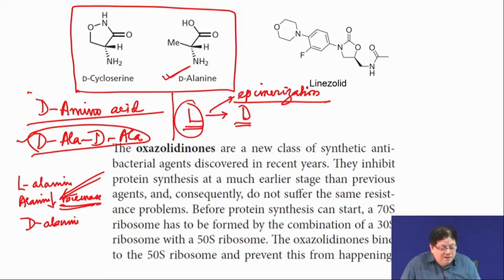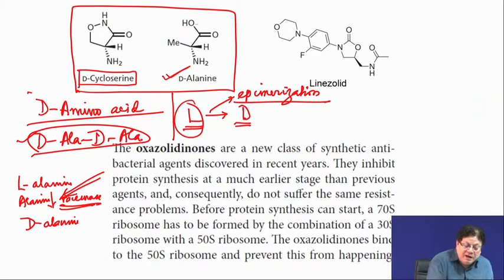Now, yes, there is an inhibitor for alanine racemase, and that is called D-cycloserine. What is cycloserine? On this side I have written the D-alanine. This is the structure of D-alanine.